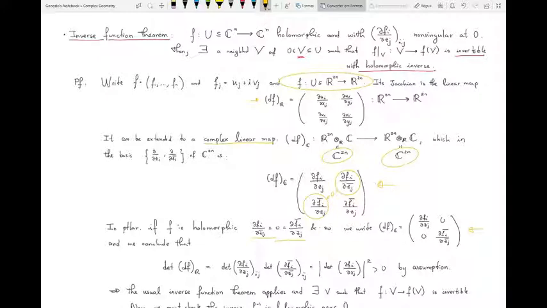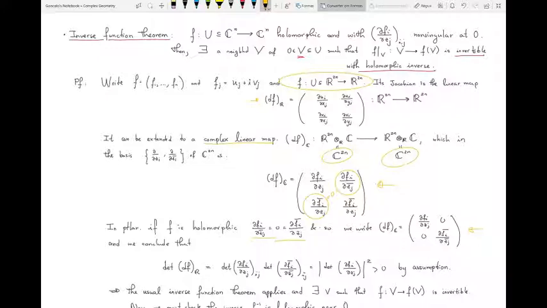Okay, so that is the complex Jacobian of my transformation, seen as a C-linear map from C2n to C2n, of a holomorphic function.